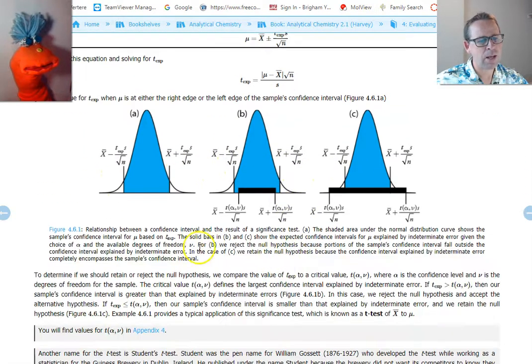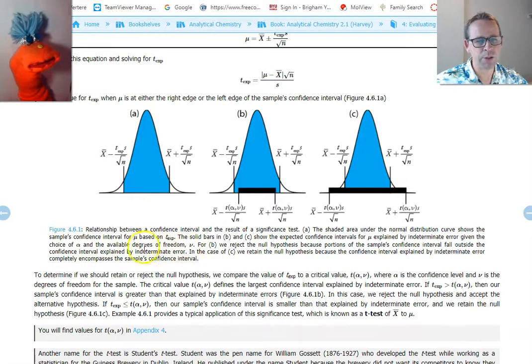And A, the shaded area under the normal distribution curve, shows the sample's confidence intervals for the actual average based on some expected error. Here in the solid bars, B and C, show the expected confidence interval explained by random error, given the choice of alpha and the available degrees of freedom.